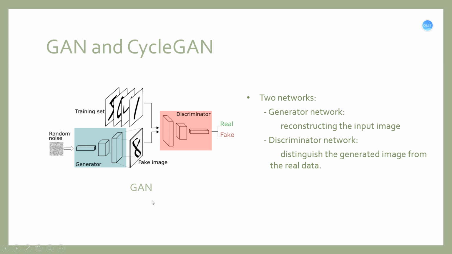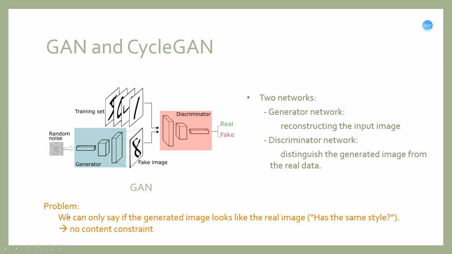If we apply the GAN network directly to our image style transfer problem, we will find that the only thing we can see about the final result is that the generated image looks like the real image, which means they have the same style. However, we cannot ensure it has the same content as the content image. So we need to add a content constraint.